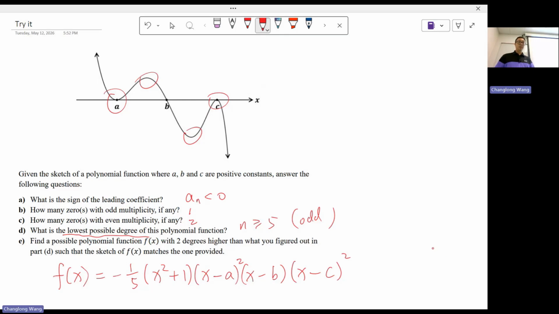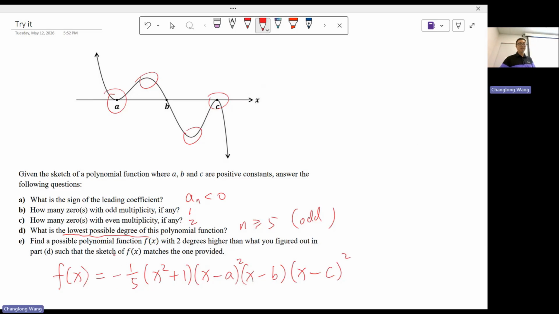Now, that's what I proposed. Does anyone at this point have something that you thought was going to work out without this kind of weird factor of x squared plus 1? Yep.